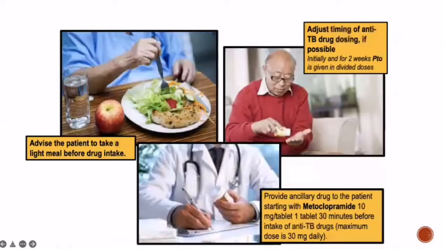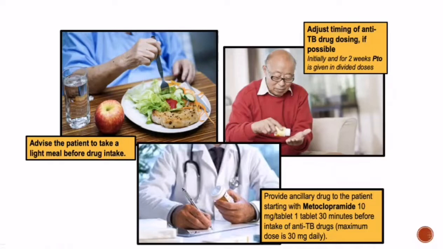Now, these are the following interventions to be done simultaneously. 1, you may advise the patient to take a light meal before drug intake. Or you may adjust timing of TB drug dosing.